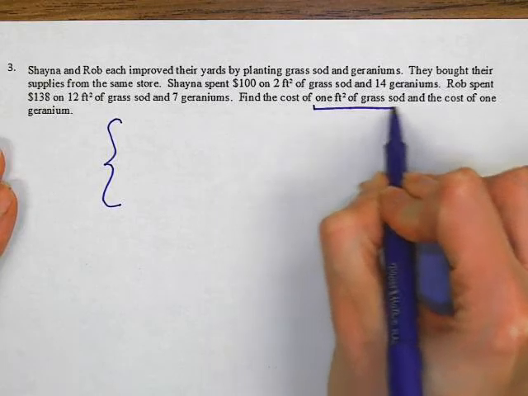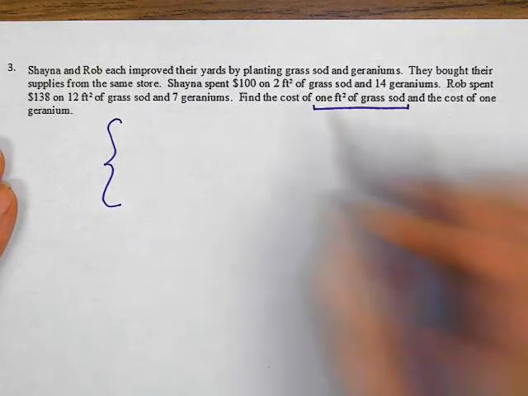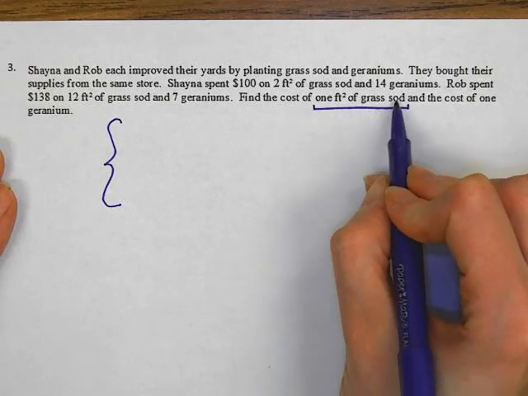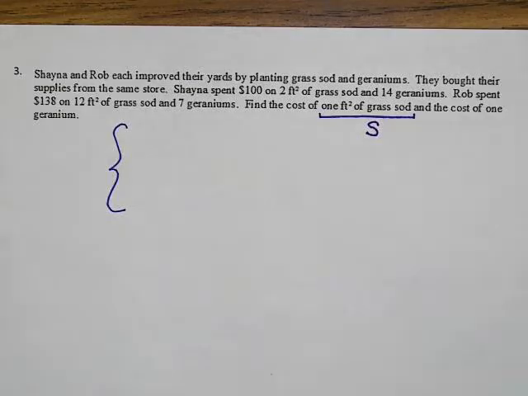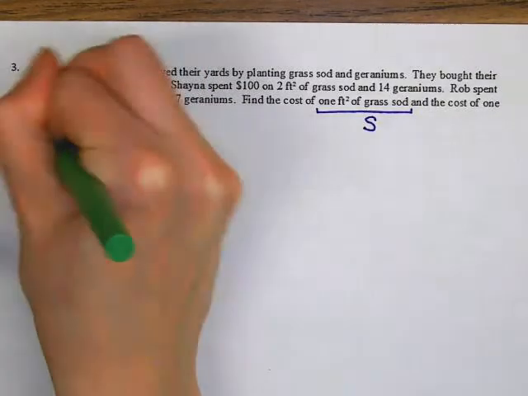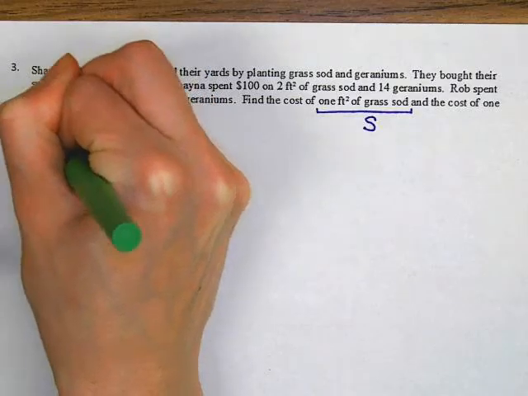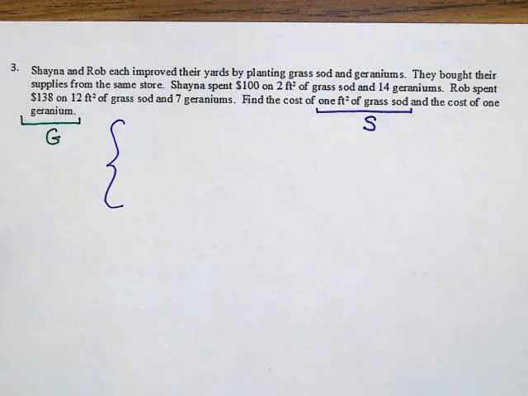So should we make one variable be feet of grass sod? I'm going to call it S for sod. And then the cost of 1 germanium. I'll call this one G for germanium. I would have done grass, but then we'd have 2 G's. So grass sod is S and germanium is G.